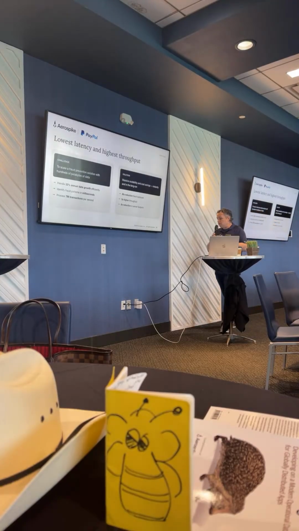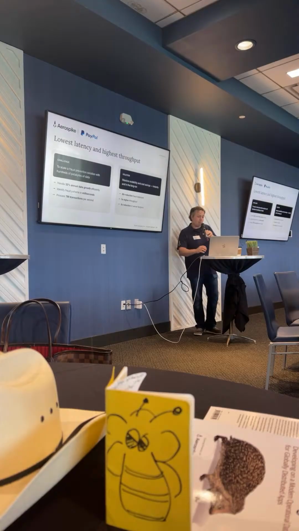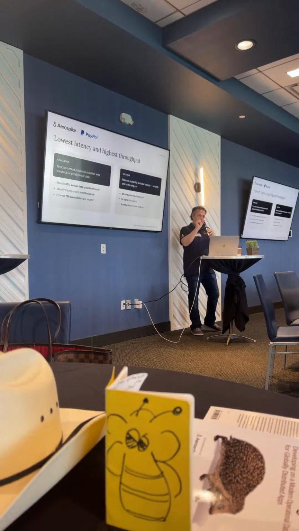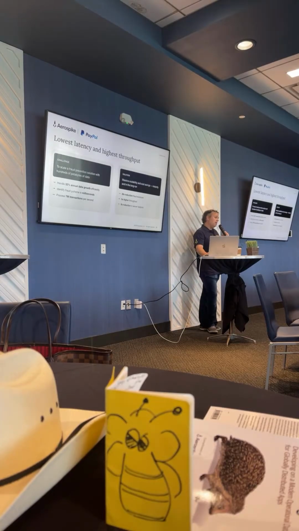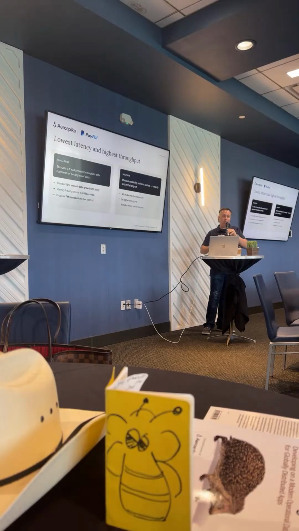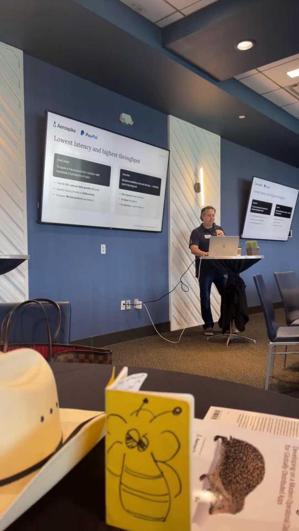Once they implemented Aerospike, not only were they able to process much more data faster, that risk reduction represented tens of millions of dollars in reduced fraud per month, and an 8 times reduction in server footprint. So that's doing more with less, that's what we do at Aerospike.